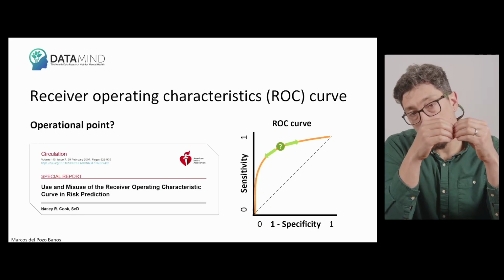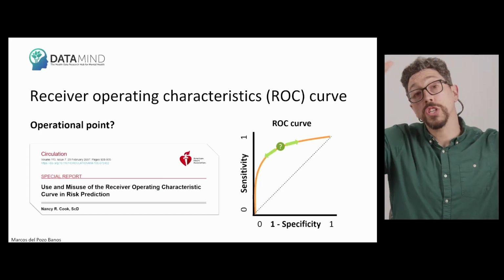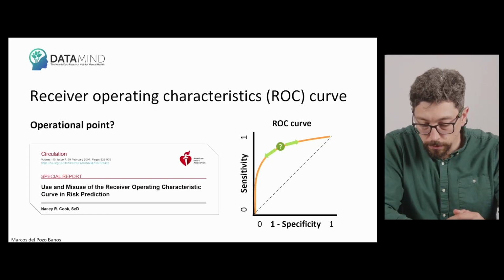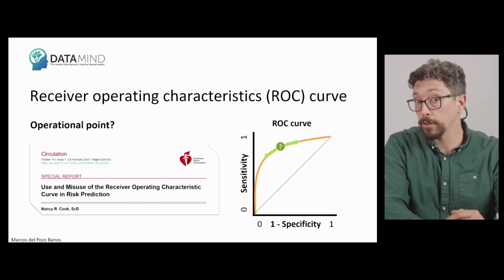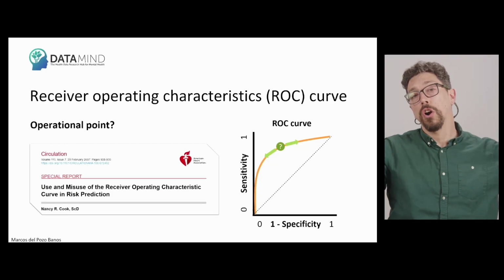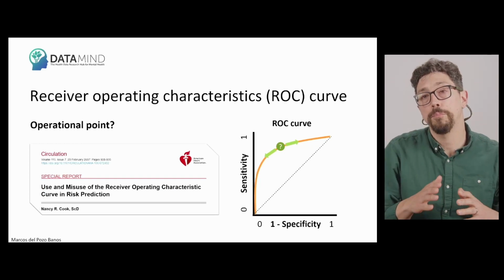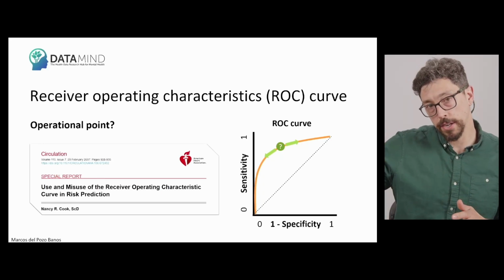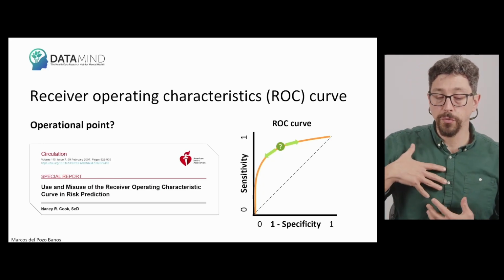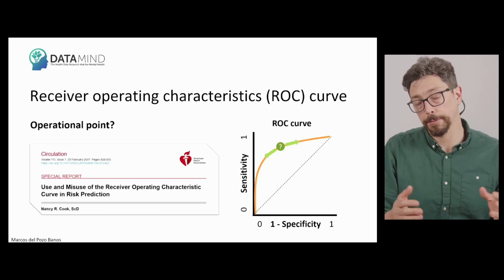However, the threshold is another parameter of our machine learning model. And as we said many times, all the parameters of the machine learning model need to be fixed and frozen before we do the validation, so before we measure how well the model performs on our validation set.